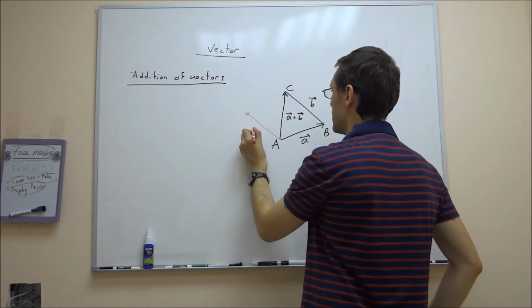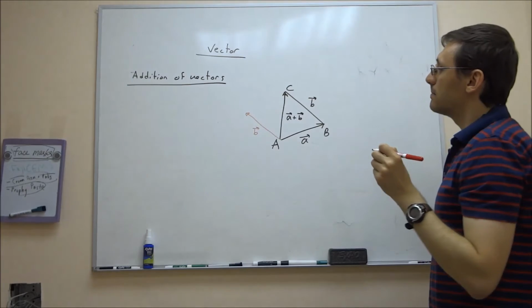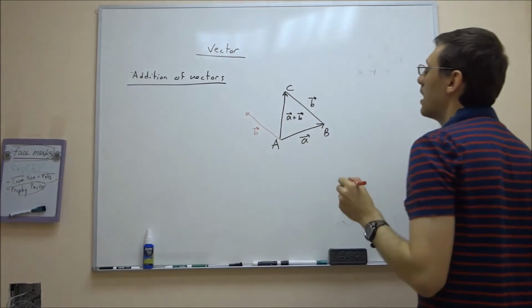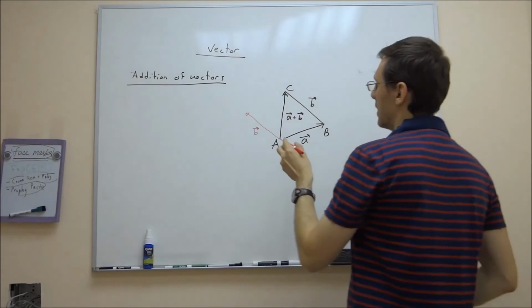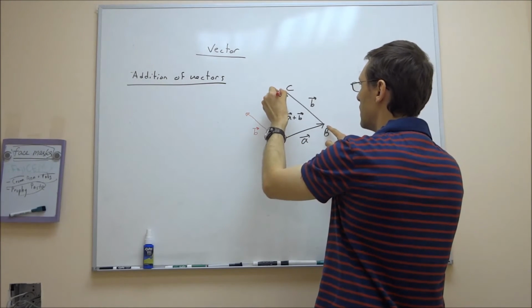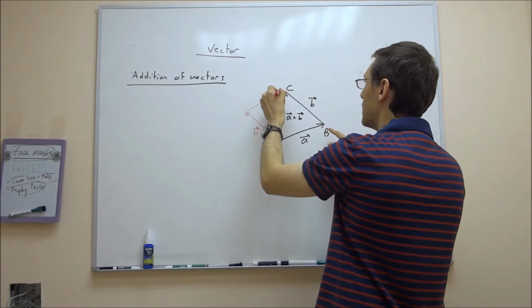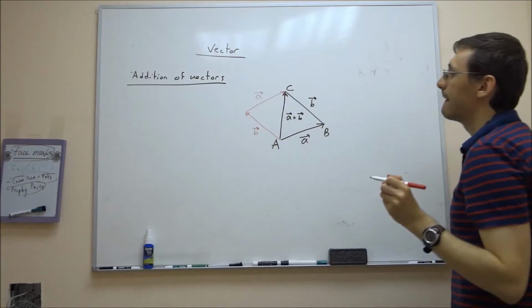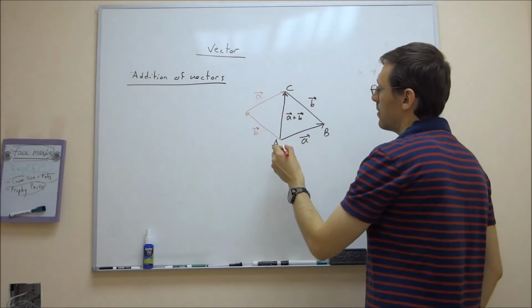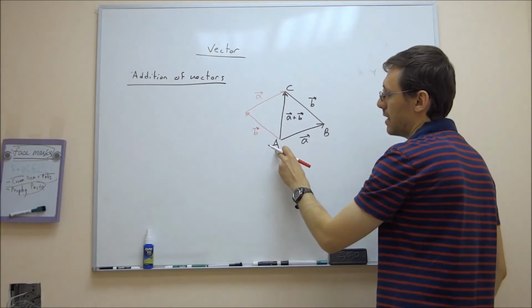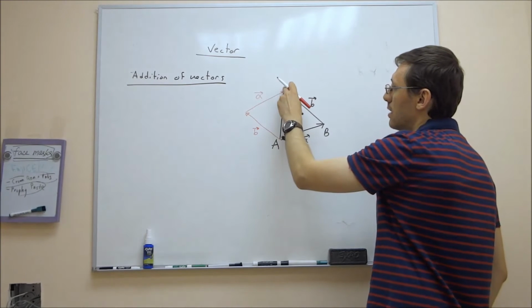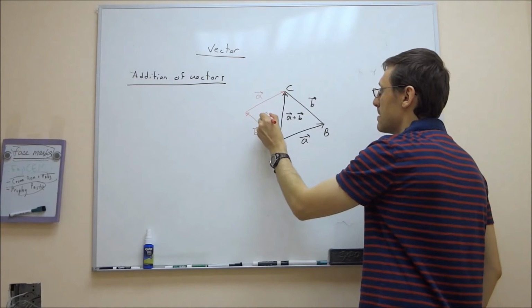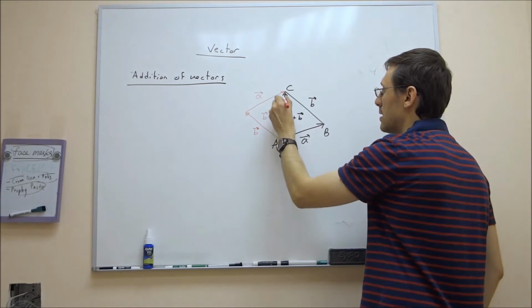So this is B first, and then from the vector B I displace by the vector A. So the total displacement makes me arrive from the point A and lands me on the point C. So what I have is B plus A is this arrow.